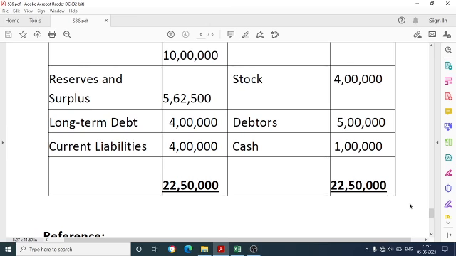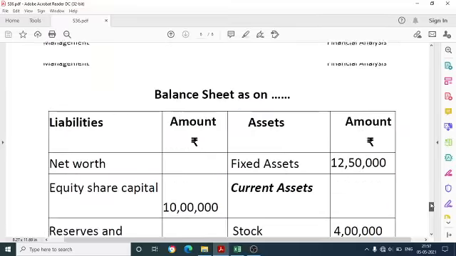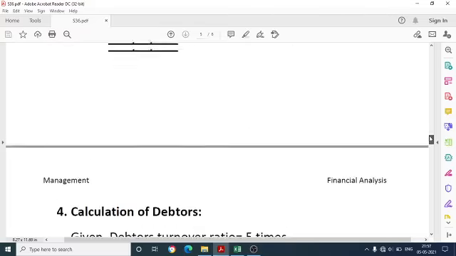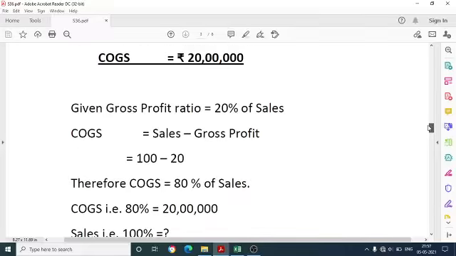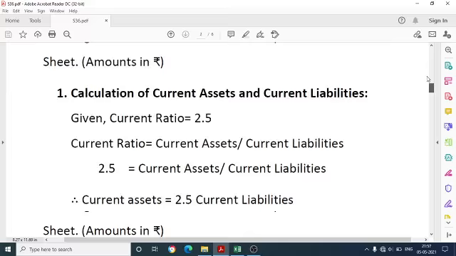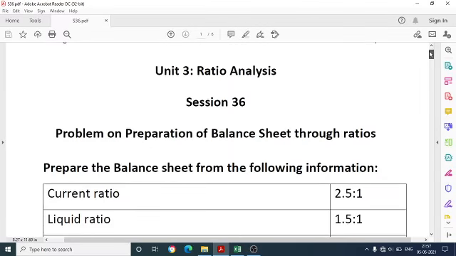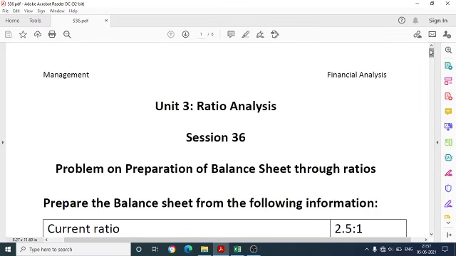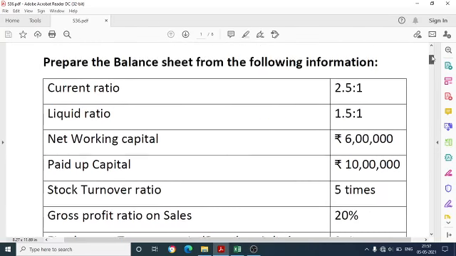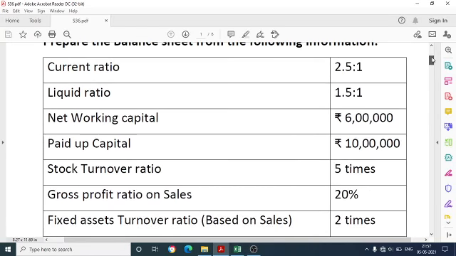So this is the solution with respect to the problem, where with the help of the ratios we can prepare the financial statement, which may sometimes be a profit and loss account or maybe a balance sheet. Very important here, you need to analyze each and every ratio.